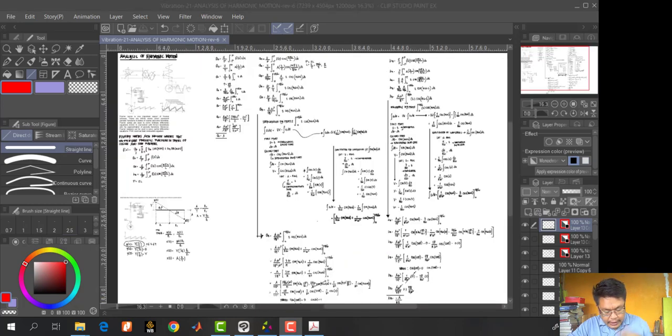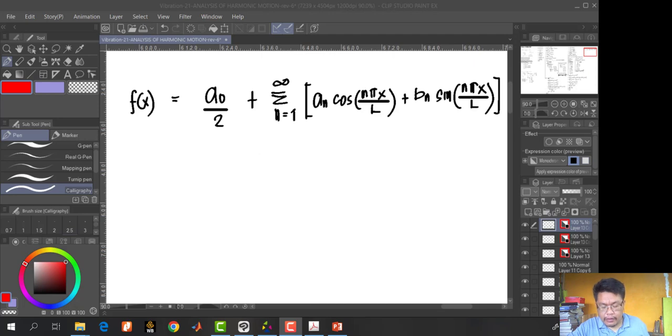So now we have the values of a sub 0, a sub n, and b sub n. For the general equation of our function, a sub 0 divided by 2, plus the summation from n to infinity of a sub n cosine of n pi x over L, plus b sub n sine n pi x over L.